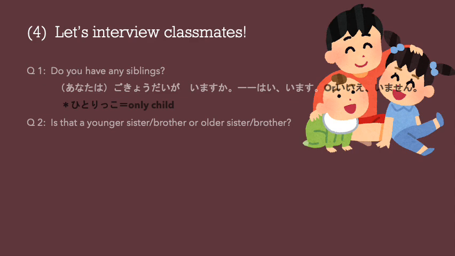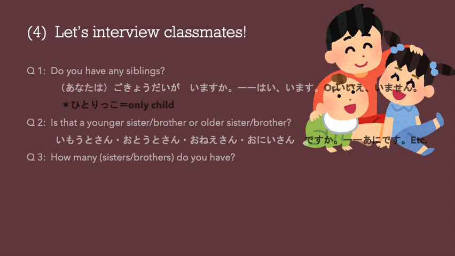Okay, once you got that question done, last question would be, how many of those sisters or brothers do you have? It's a question I want you to ask that person. 何人いますか? 何人, how many? 何 and then 人 counter meaning how many? How many do you have? いますか?